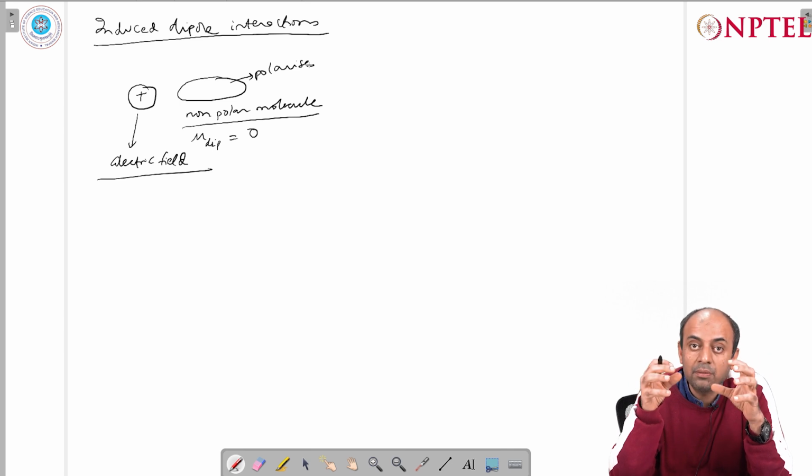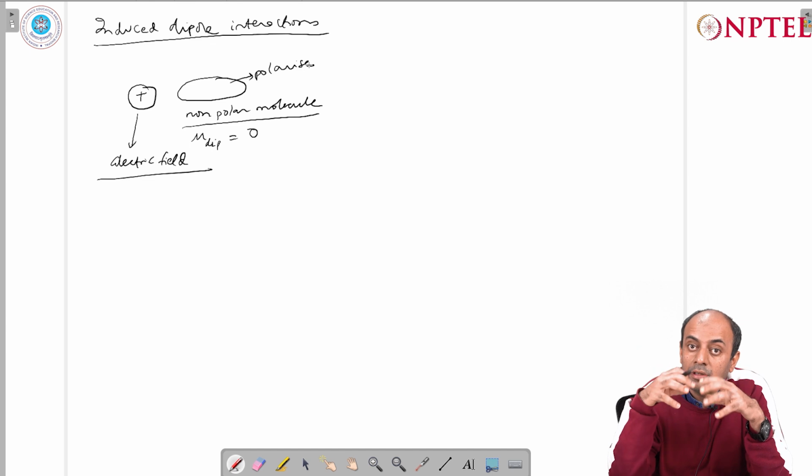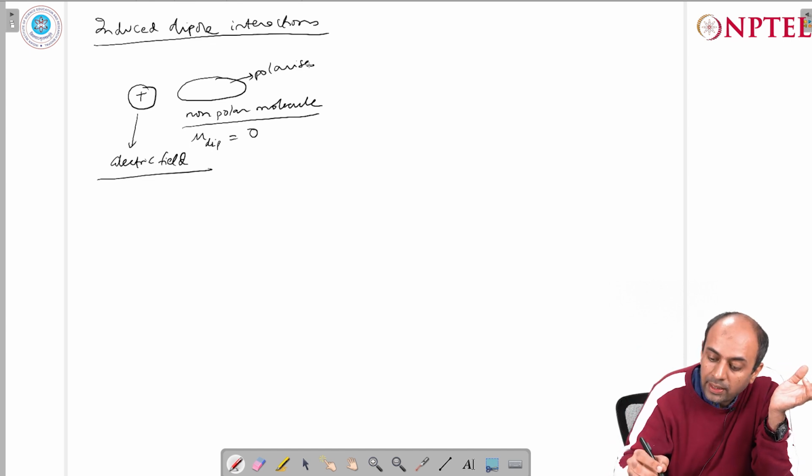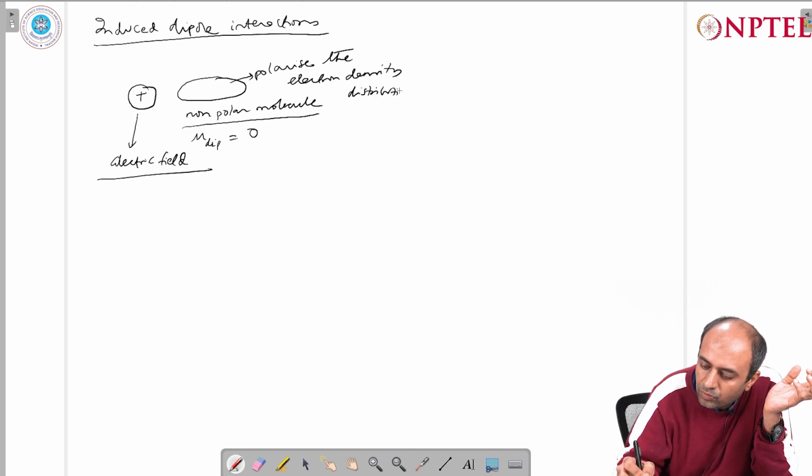This is a very fundamental happening in matter: whenever you have a charged species and you bring an uncharged species into its proximity, it will try to polarize the electron density distribution in the molecule.